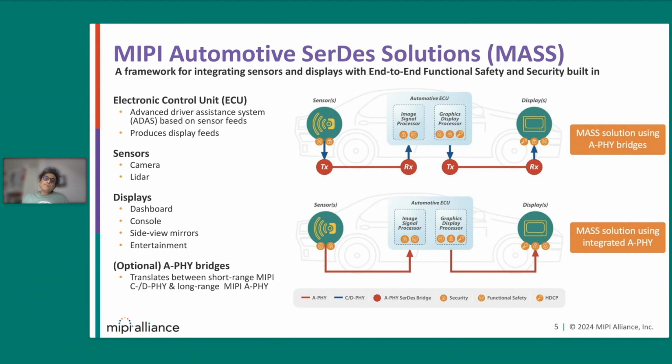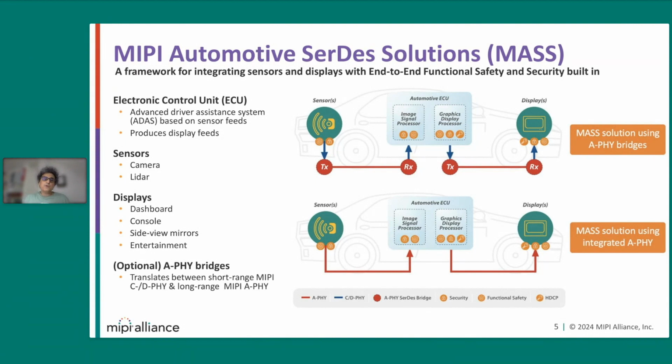And on the other side, we also have the MIPI displays, which are also in the car. They are more distributed inside the car, but still they are not all inside a single ECU, so they are distributed inside the cabin. We'll show some examples, and they also need a high-speed, long-reach PHY.